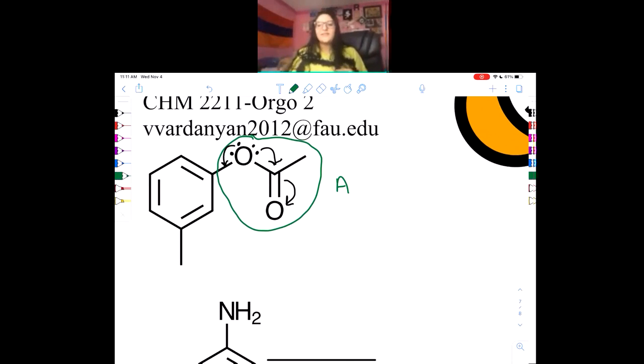Okay, so since it is an activator, is it ortho-para-directing or is it meta-directing? Ortho-para, exactly. All right, so what about this group? Weak activator, exactly. And where does it direct?